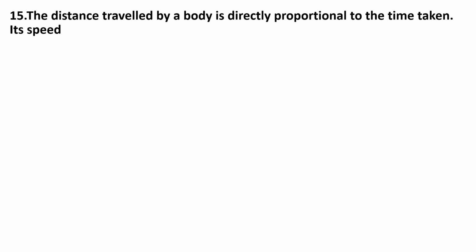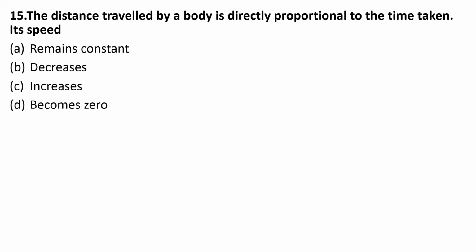15th question. The distance traveled by a body is directly proportional to the time taken. Its speed, options are: A, remains constant. Option B, decreases. Option C, increases. Option D, becomes 0.